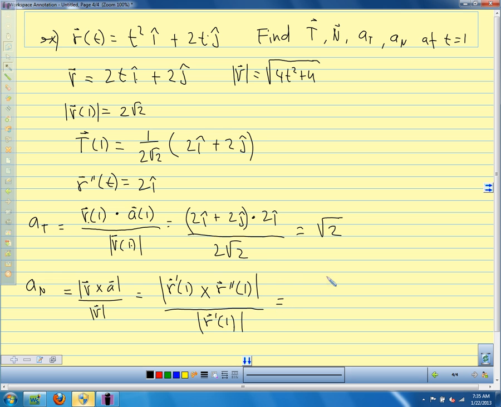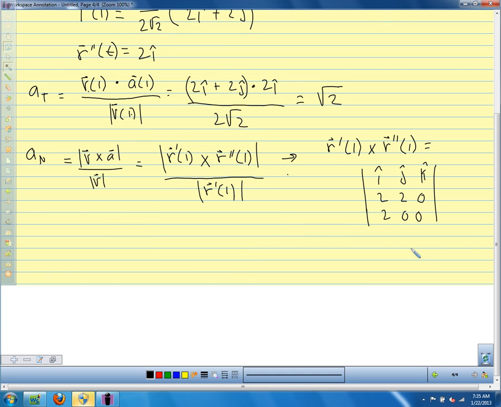So my cross product, r prime at 1 cross r double prime at 1, is going to be the determinant of i, j, k; 2, 2, 0; and 2, 0, 0.